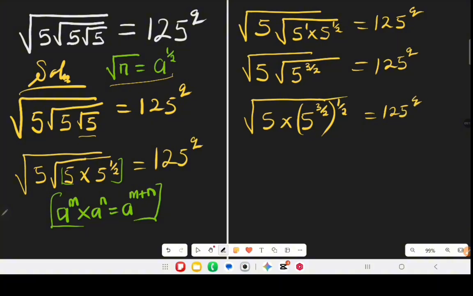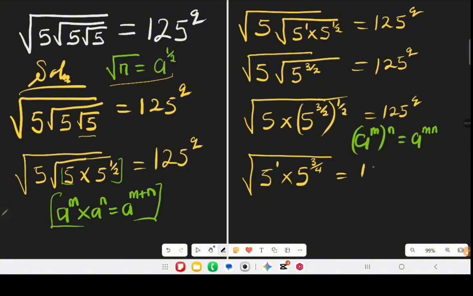Then we have another law of indices, which is the power rule: a raised to the power of m, all raised to the power of n, is the same thing as a raised to the power of mn, meaning we can multiply the powers directly. That means we have root of 5, which is raised to the power of 1, times 5 raised to the power of 3 times 1 gives us 3, all over 2 times 2 gives us 4, equals 125 raised to the power of q.